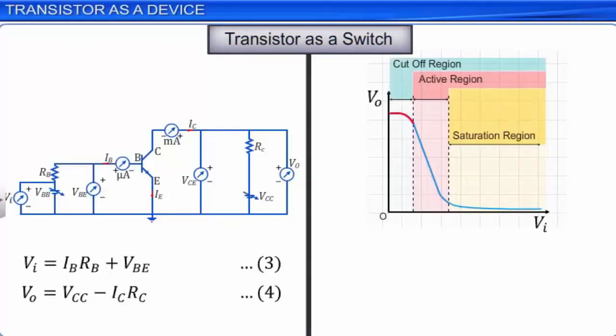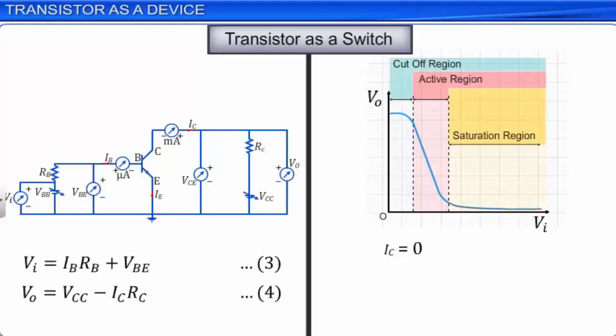Then it is said to be switched off. If the input voltage VI is high enough to drive the transistor into saturation state, the output is low and very near to 0, and the collector current IC is maximum. Then it is said to be switched on.